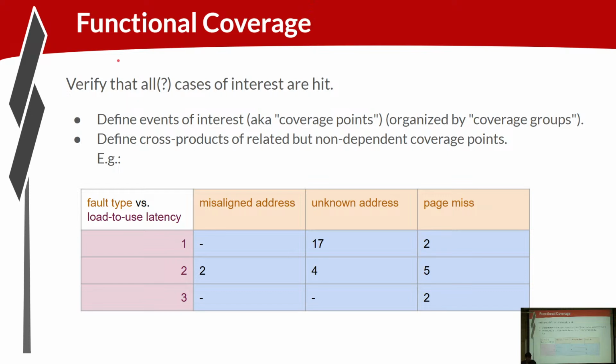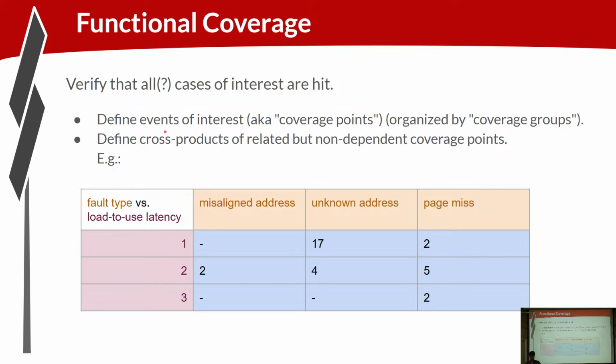Functional coverage. So this is the kind of thing that would go into the test plan, right? This is a coverage matrix showing that we want to make sure we're hitting various scenarios in the design.